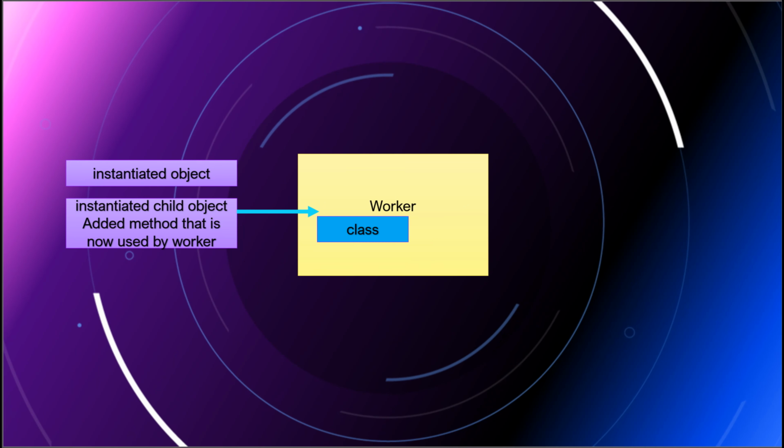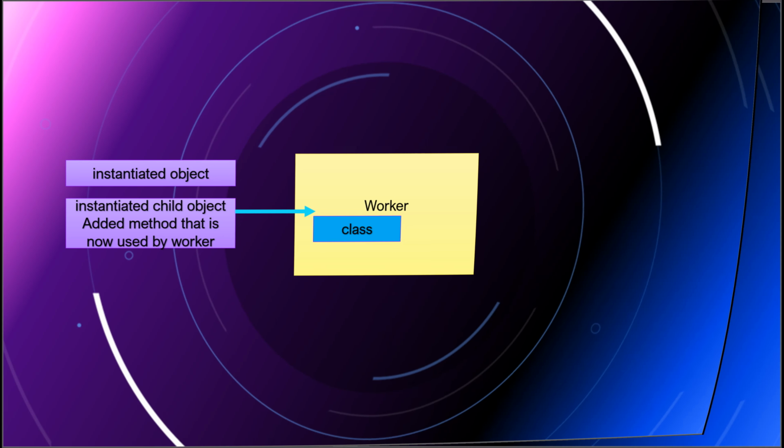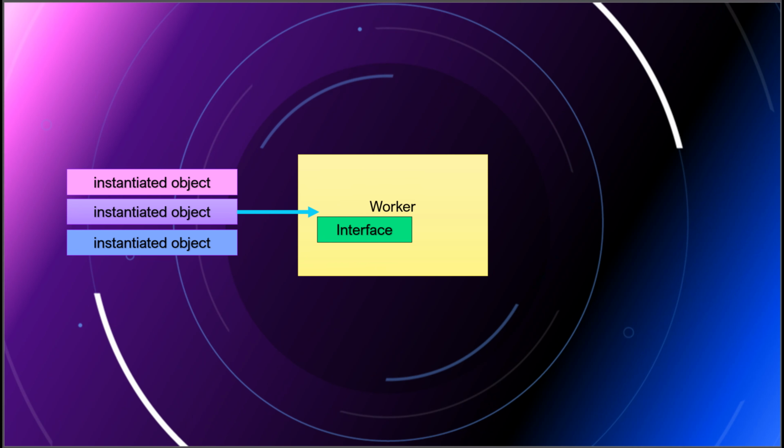Now you've got a problem because when you inherit from that again, you might add another method. Next thing you know, this worker class that you're sending the object into has a bunch of if-then-else statements in it.